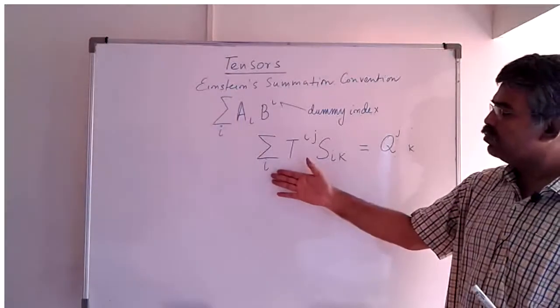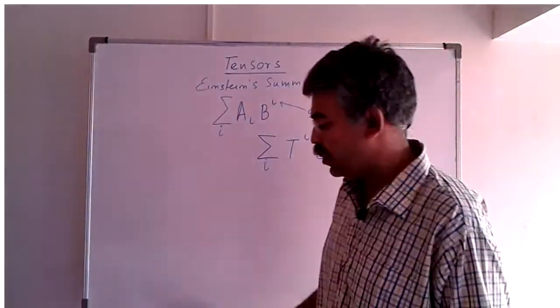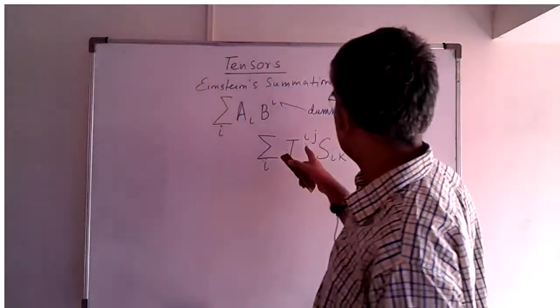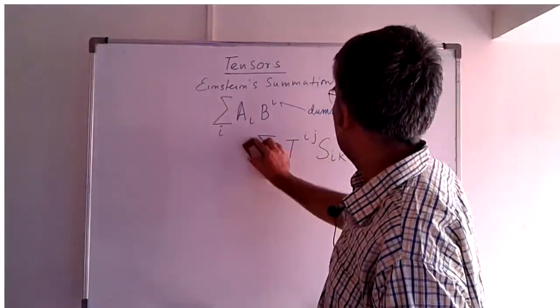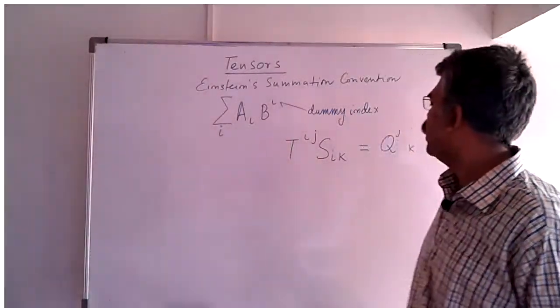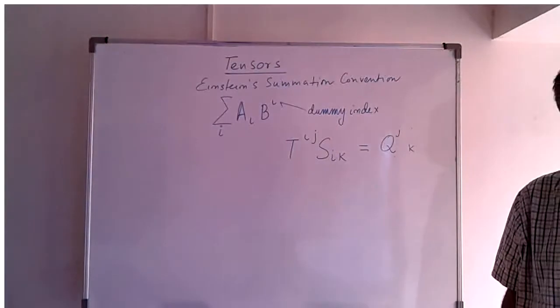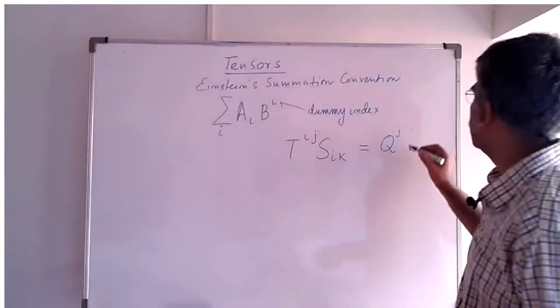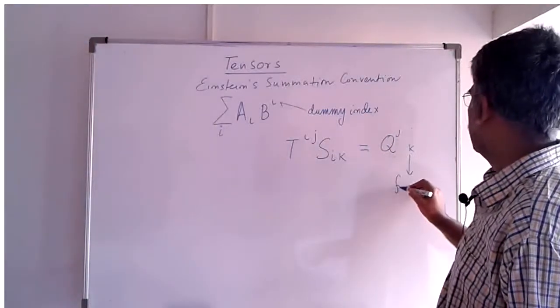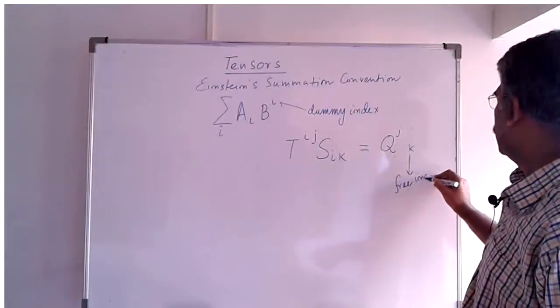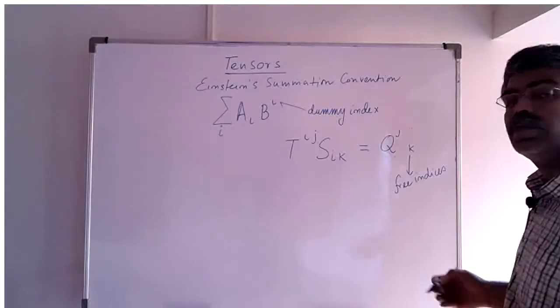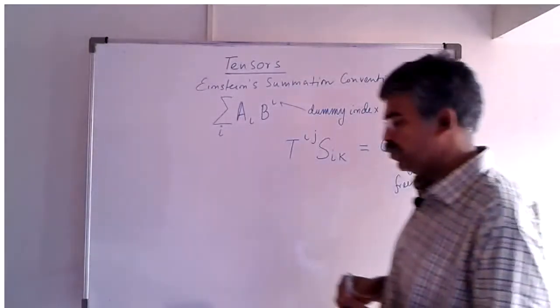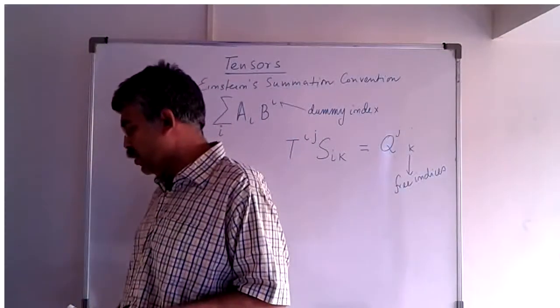This sum is implied. If you have a repeated index, this i, the sigma is implied, so I don't need to write that sum. Fine, and these are free indices. Clear? Okay, so these are free indices.